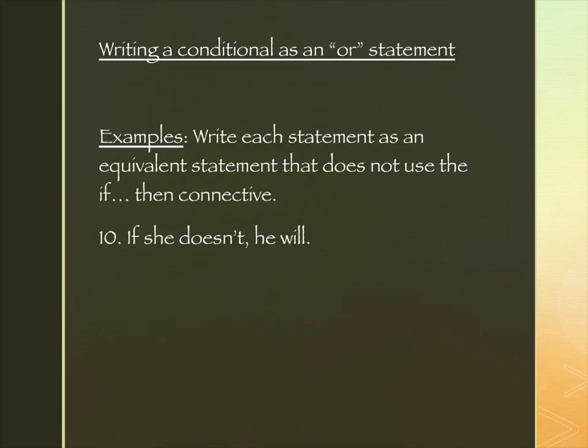We actually have an equivalent way of writing a conditional statement as an or statement. So if I have P arrow Q, this is exactly the same as having tilde P or Q. If you think about our truth tables, this kind of makes sense.